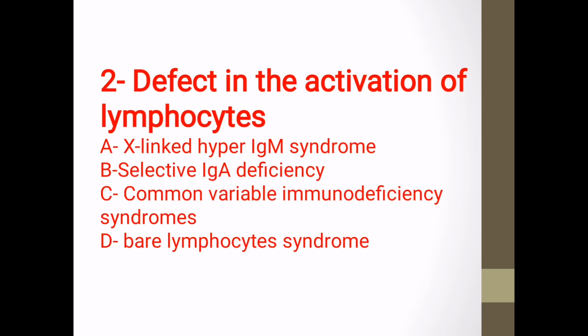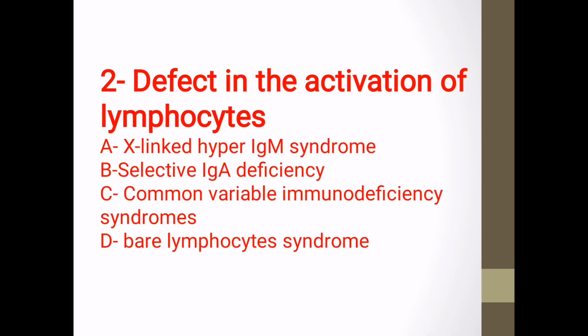There is a lymphocyte, but it does not do its function. Okay, so there are four diseases or four syndromes. The first one is X-linked hyper IgM syndrome, the second one is selective IgA deficiency, the third one is common variable immune deficiency syndrome, and the fourth one is bare lymphocyte syndrome.